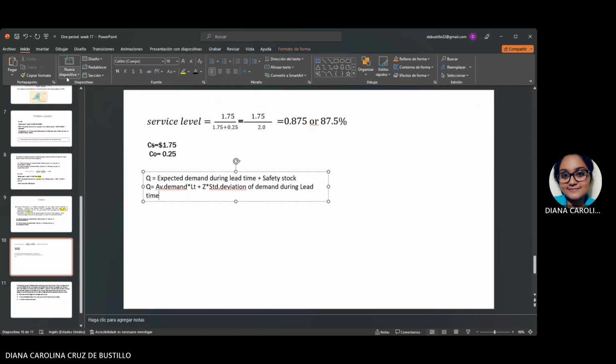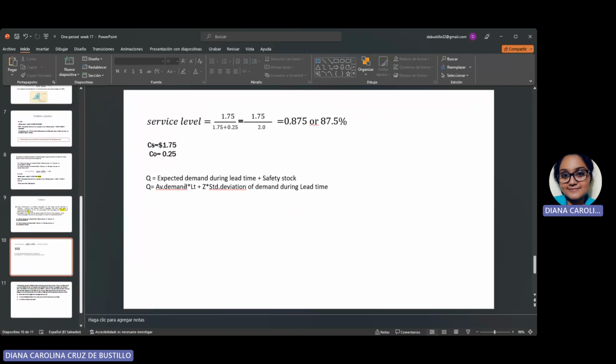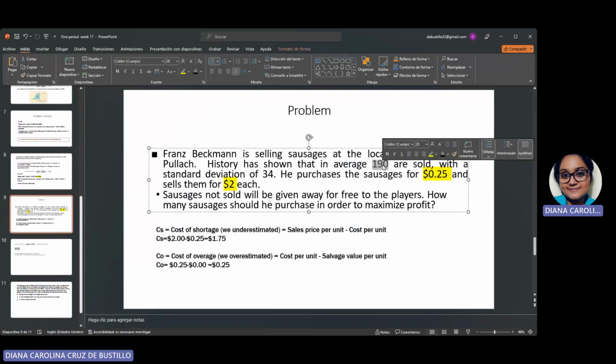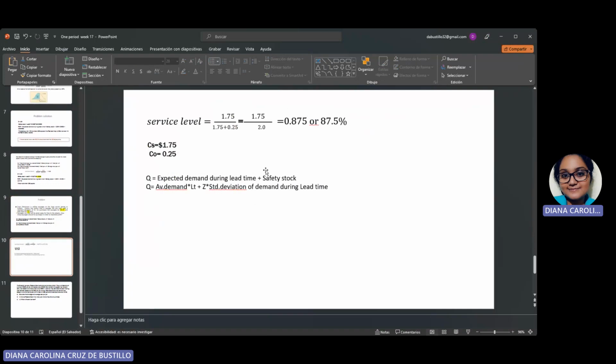Okay, so the average demand, we know it because it is expected that you will be selling 190 sausages. But you don't have the safety stock. To calculate the safety stock, you need the standard deviation of the demand and C. The C value you can calculate by knowing the service level that you must offer to your customer. So this is why we make this calculation first before we start estimating this.